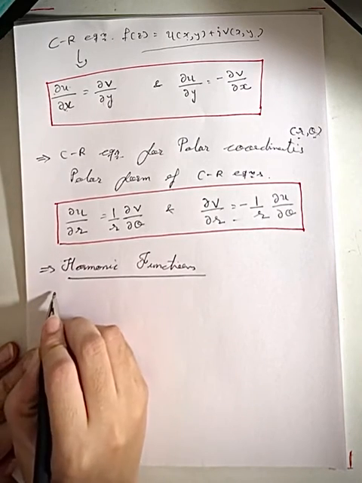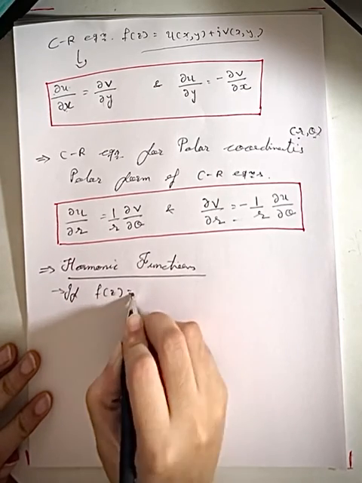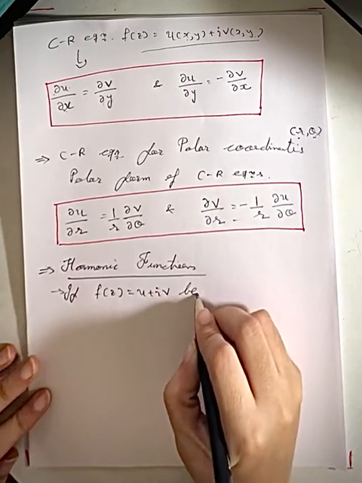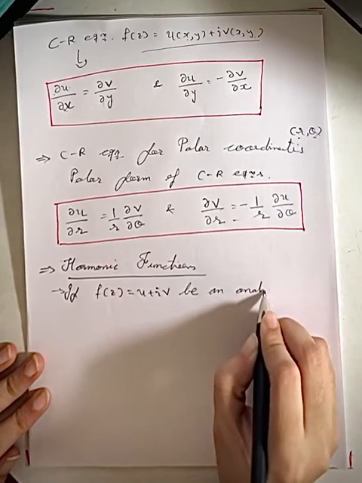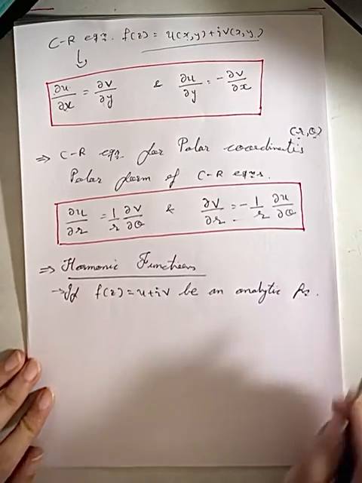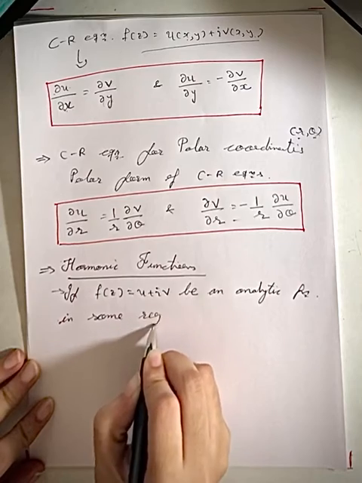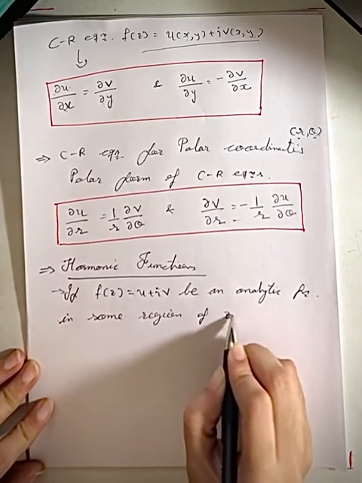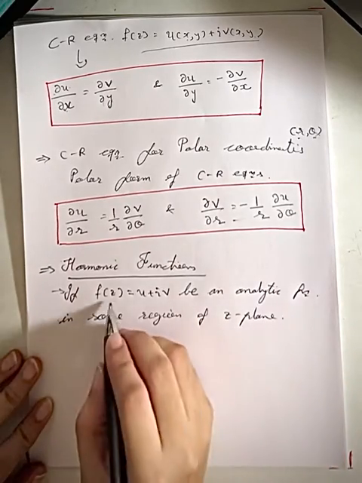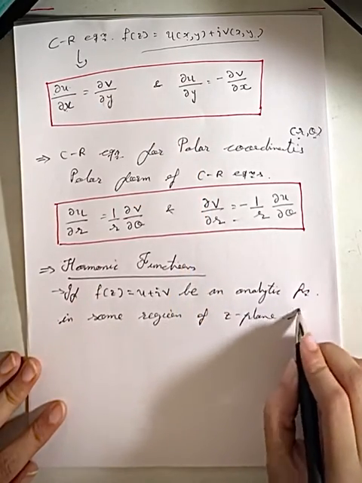So it says that if f of z is equal to u plus iv, and this is an analytic function in some region of the z plane, then we know the Cauchy-Riemann equations that this function is going to satisfy.